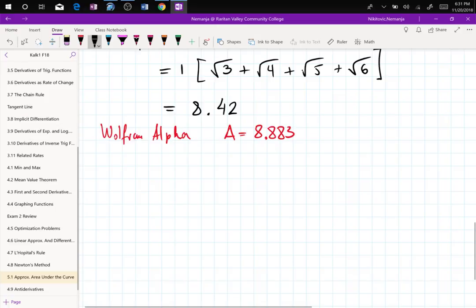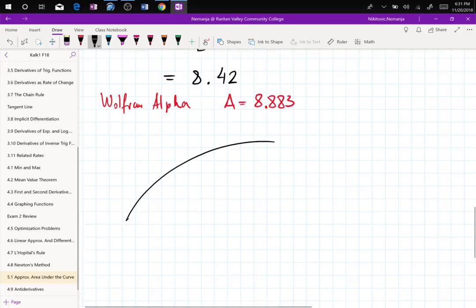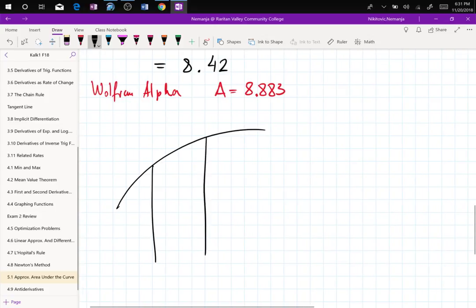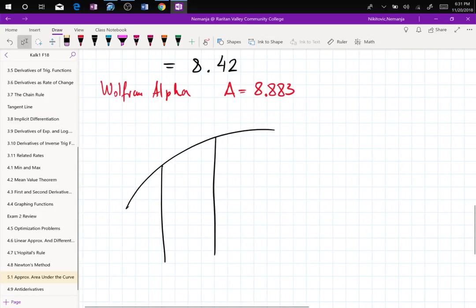Let me draw a large picture here and say that this is enlarged. And I have a rectangle that was the left side rectangle, and we just do this, right? So there is f of x here, and there's delta x here, and so on.